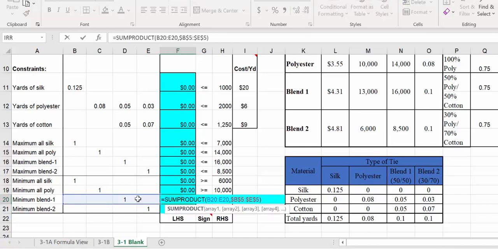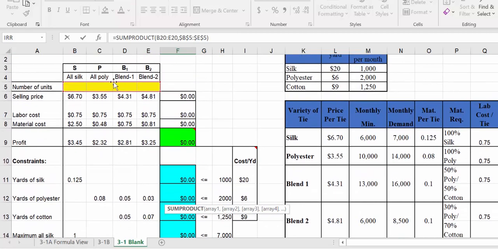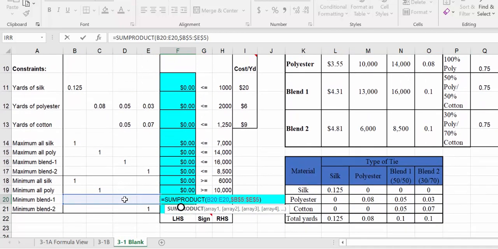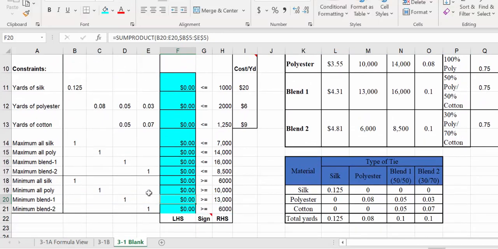If you test, you'll see that it's getting this number here, but this number is blend 1. You can see that there's the 1 there. This would all be zeros, and this 1 will correspond to the number of blend 1. So the number of blend 1 multiplied by 1 will just give you the amount of blend 1 here, and then it would be compared to this number here.